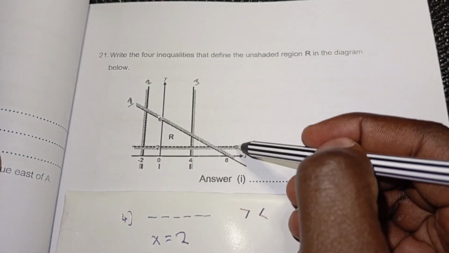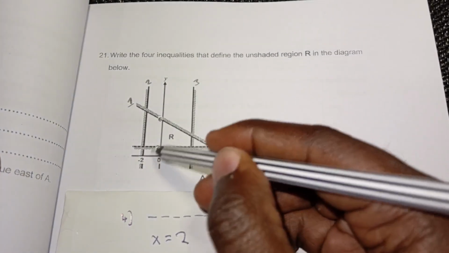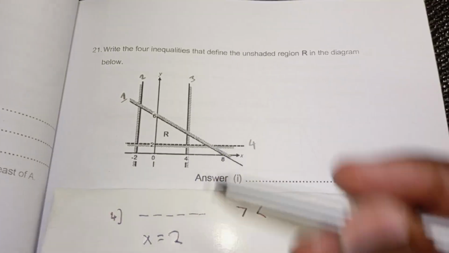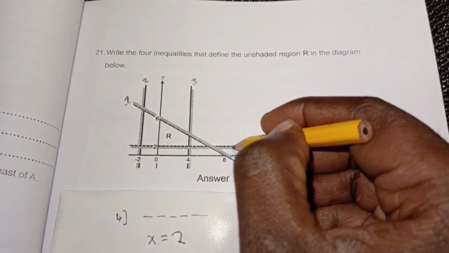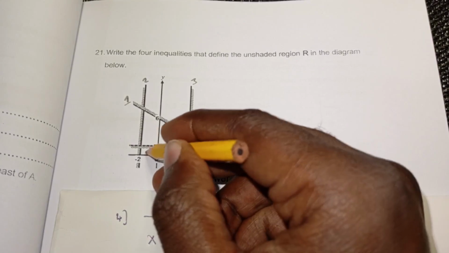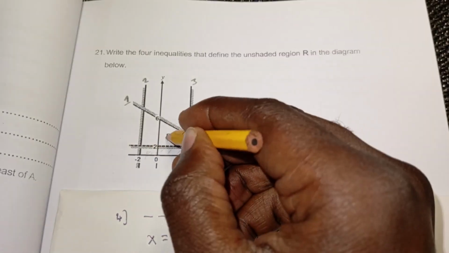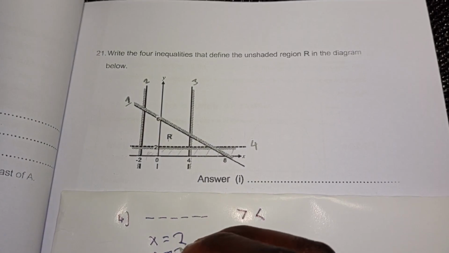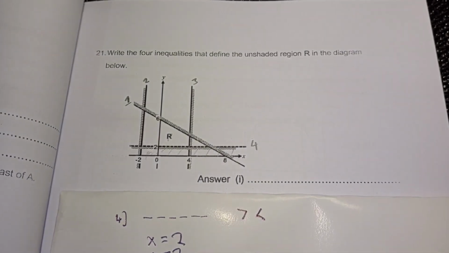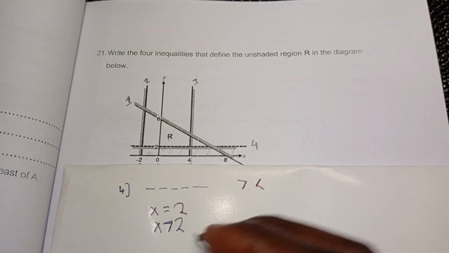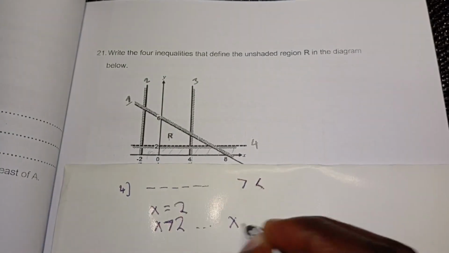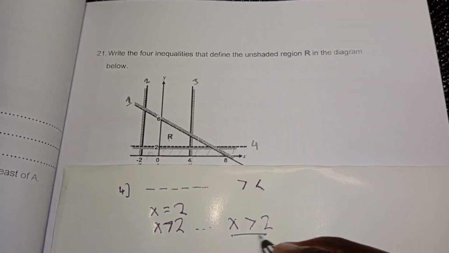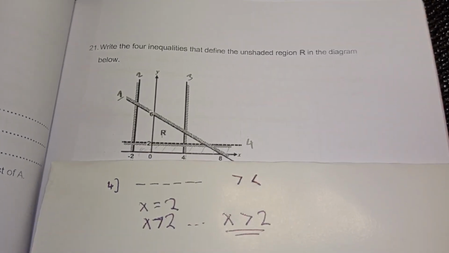Look at where they shaded. They shaded here, and going down, these numbers are less than 2, but we're describing the shaded region R, which is the greater numbers. So our first inequality will be greater than 2.